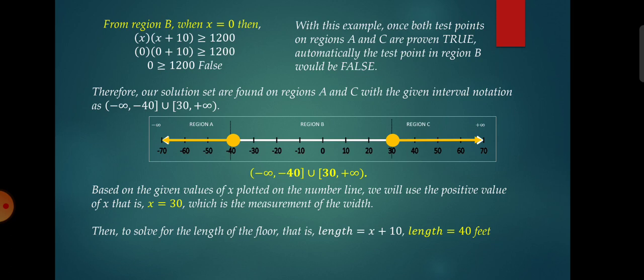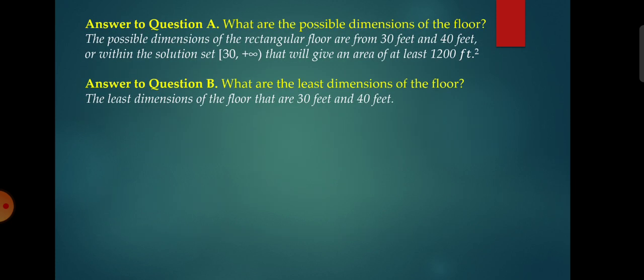So if x is 30, then to solve for the length of the floor, the length is equal to x plus 10. Therefore, the length is 40 feet, because x is 30, and 30 plus 10 is 40. So those are the basic dimensions of the rectangular floor. Answer to question A. What are the possible dimensions of the floor?